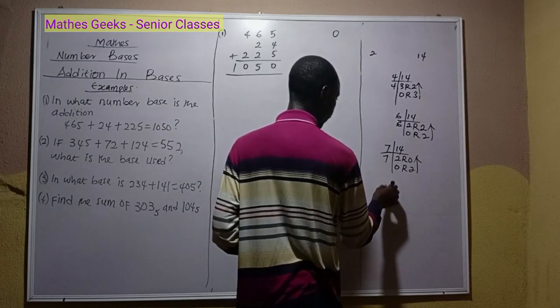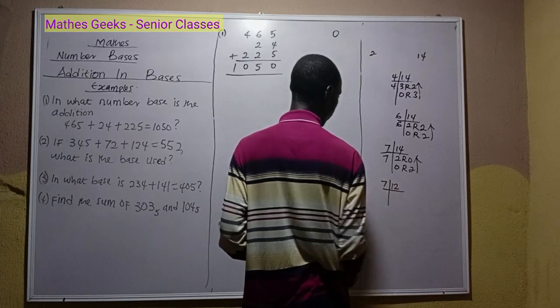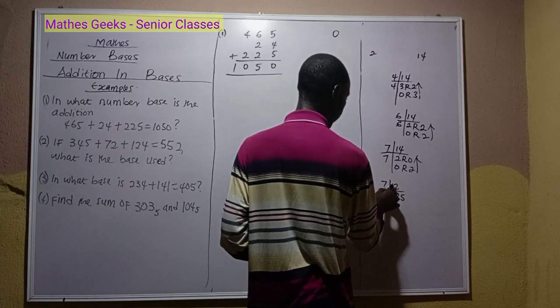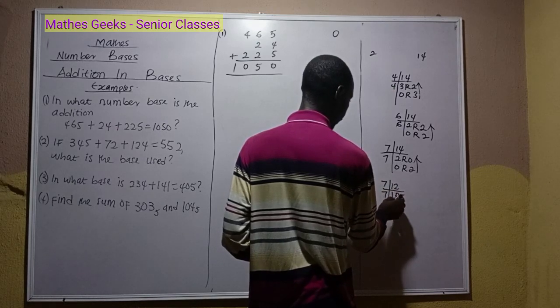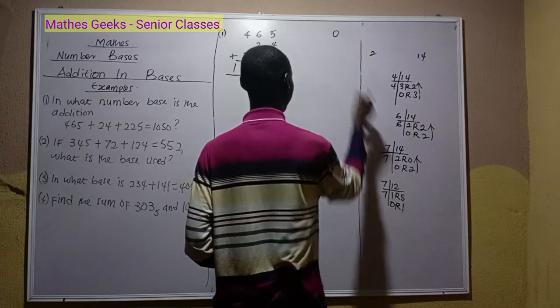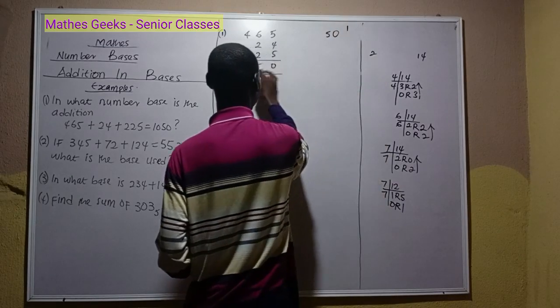Let me see what 12 will give in base 7. 7 into 12 is 1, remainder 5. And 7 into 1 is 0, remainder 1. That's 15. So I write down 5 and carry 1.